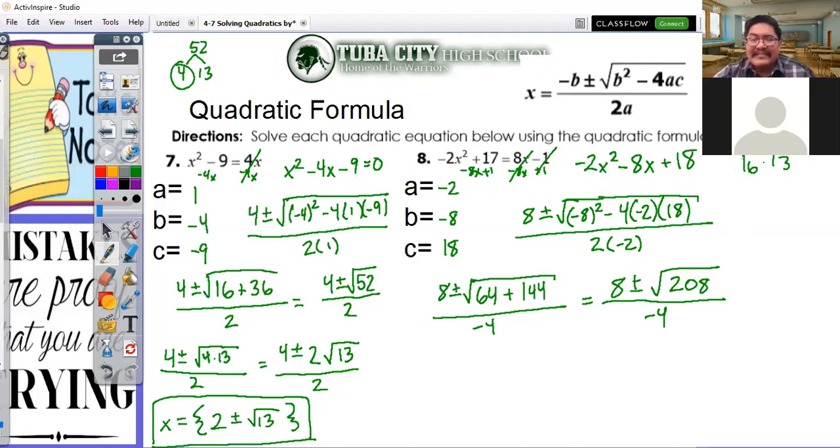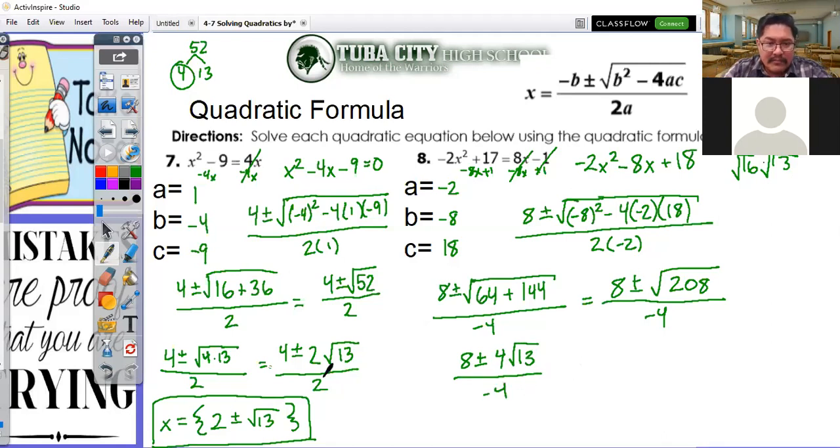And 16 is a really large square number. So remember, this means square root of 16 times square root of 13. So I'm going to take the square root of 16, that'd be 4, and here I have 13, which is the one that stays in there and we can't take it out.